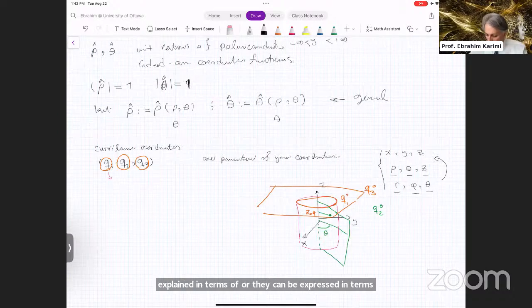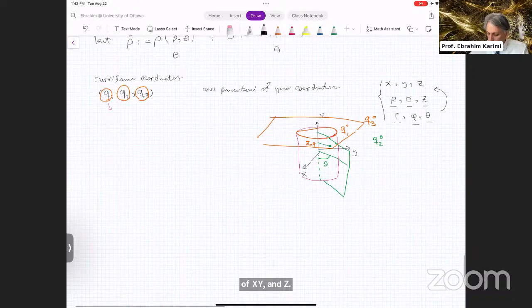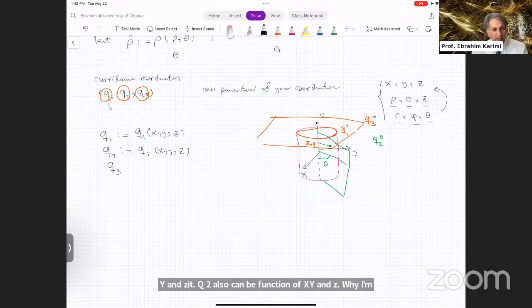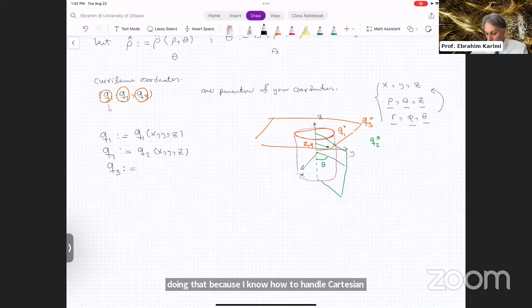So indeed, these Q1, Q2, Q3 can be in general functions of x, y, and z. Q2 also can be a function of x, y, and z. Why am I doing that? Because I know how to handle Cartesian coordinate, but I want to do the generalization formalism. Q3 also is a function of x, y, and z.